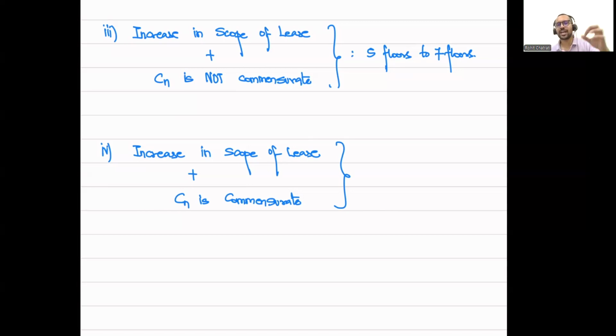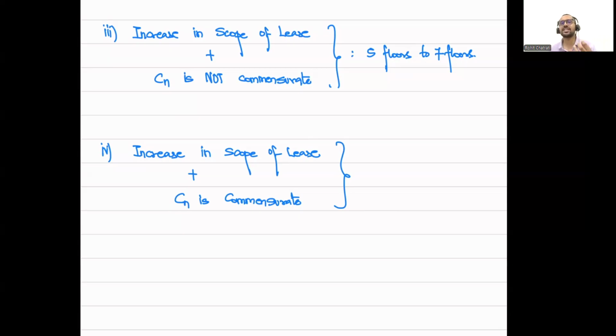In reality, we only have one lease contract for 7 floors, but for accounting purposes, we don't touch the existing 5 floors ROU asset and lease liability. We assume that these 2 additional floors are an additional lease that we have entered into, and therefore we recognize ROU asset and lease liability afresh.